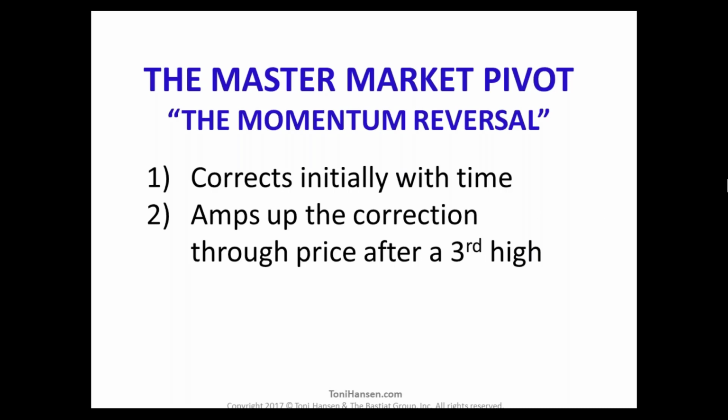So we'll have that initial rally if we're on the long side, and then we'll start to see that momentum begin to slow, just like I showed you on the slide a minute ago. And then the correction will ramp up through price after a third high takes place within this momentum shift itself. So that will lead to the stronger reversal or stronger correction.